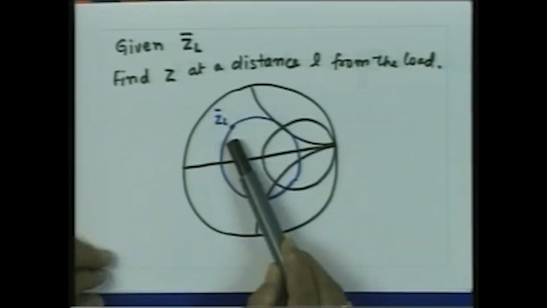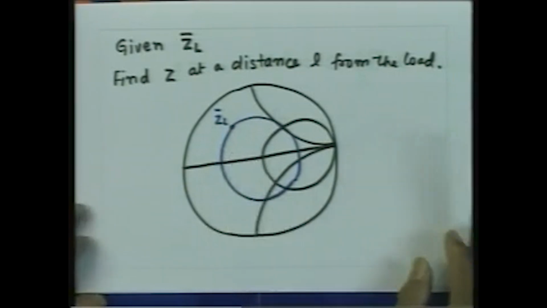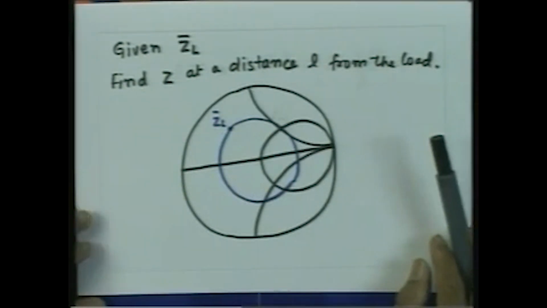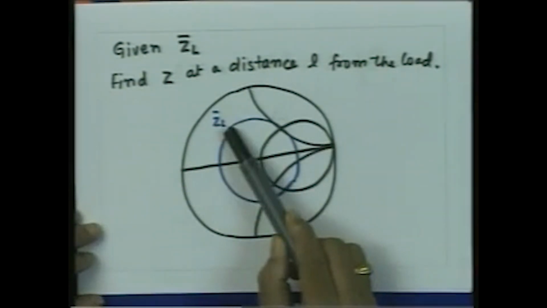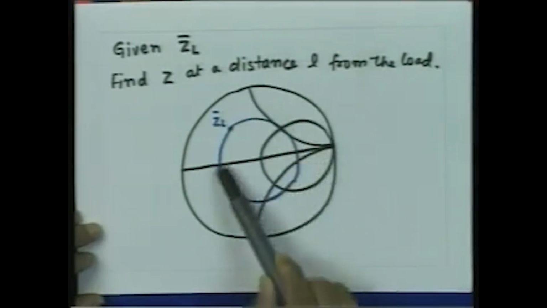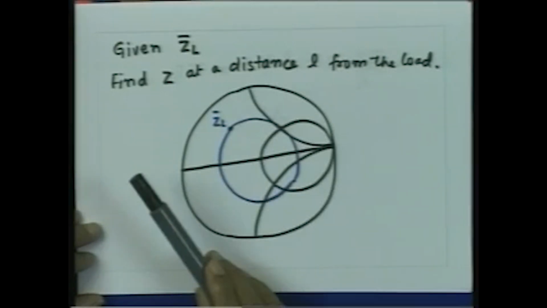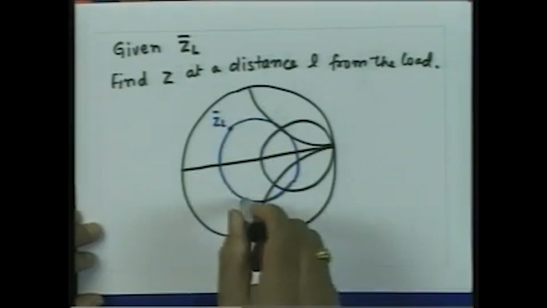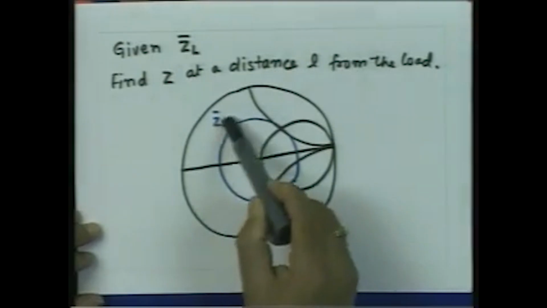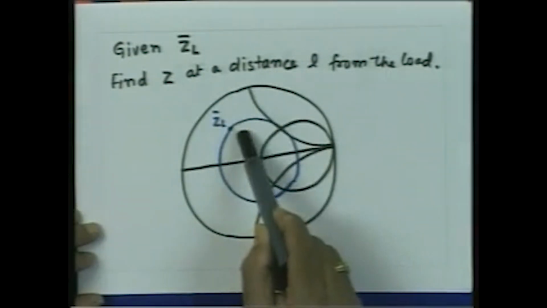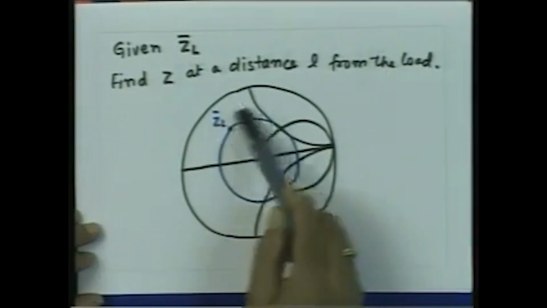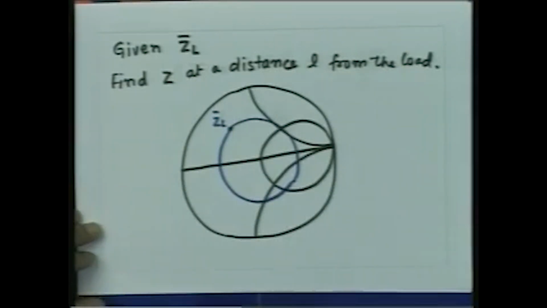And that makes sense, because if you recall the characteristic of the transmission line, we had seen that the impedance characteristic of the transmission line repeats itself for every distance of λ/2. That is what essentially we are reaffirming: by taking one rotation on the constant VSWR circle, we reach the same point, and beyond that the characteristics are repeated.